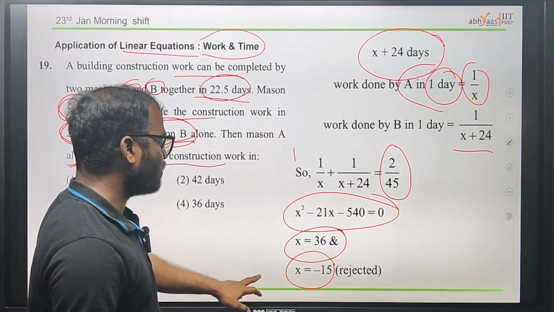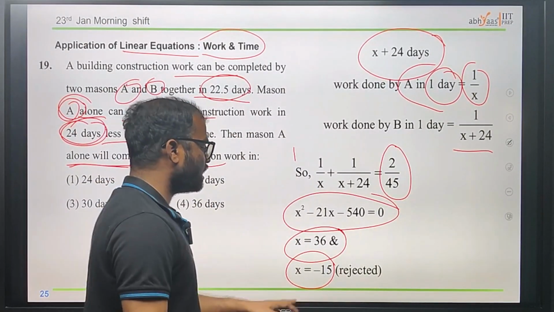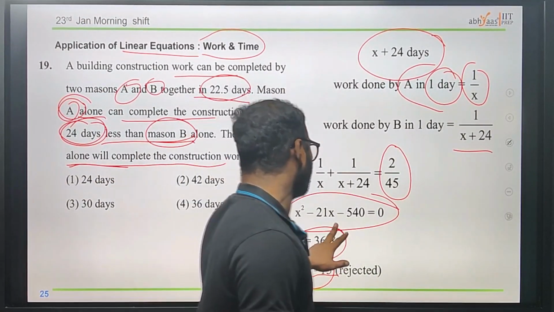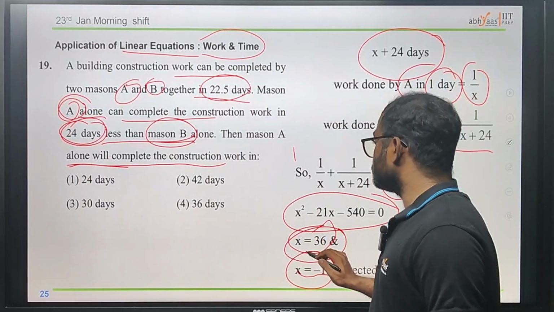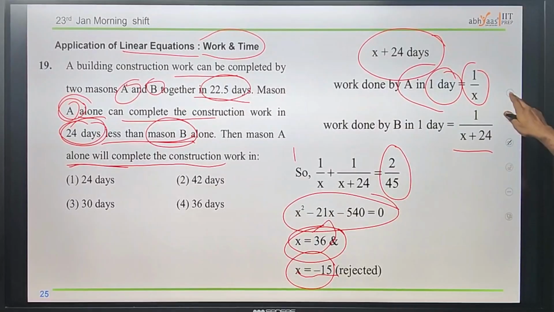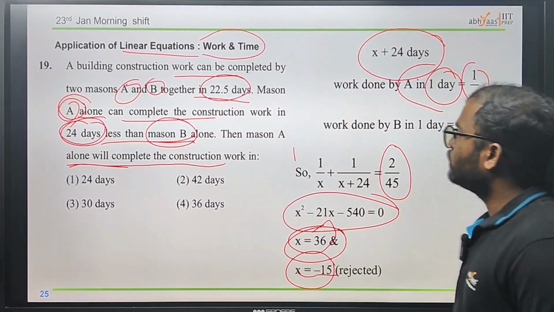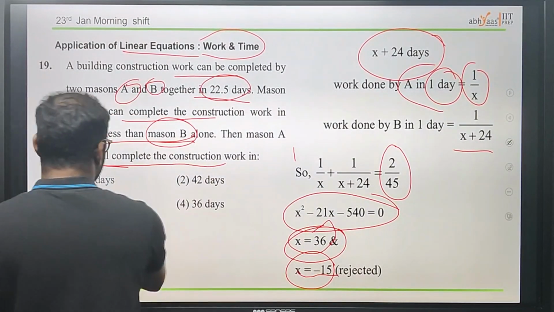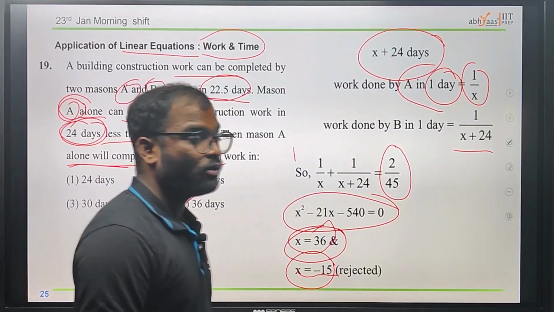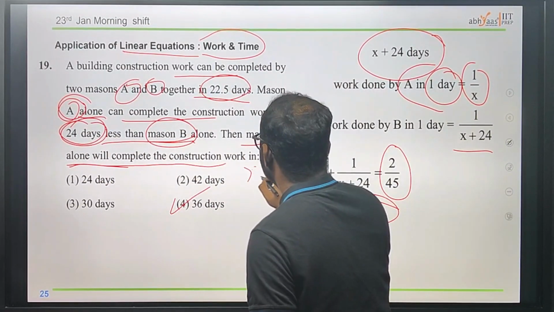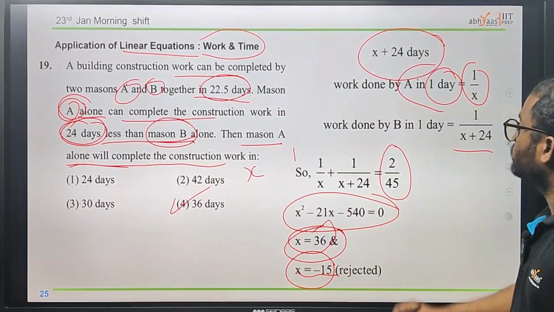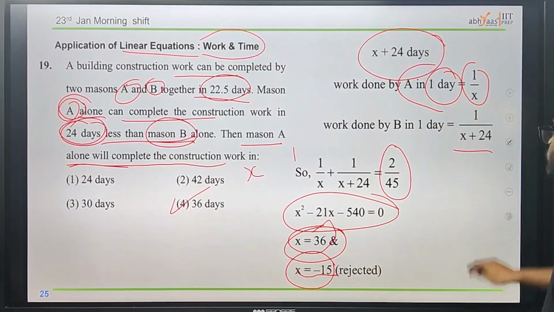No one can take negative days in reality, so only x equals 36. Therefore A alone can complete the construction work in 36 days. That's how we have to do it. We just assumed x as A's days.